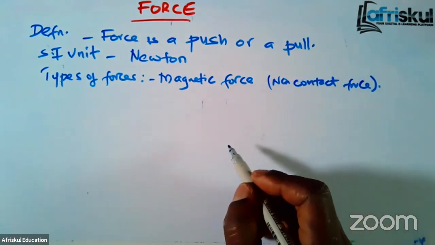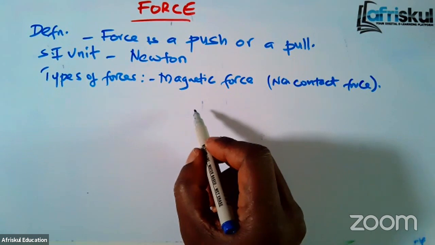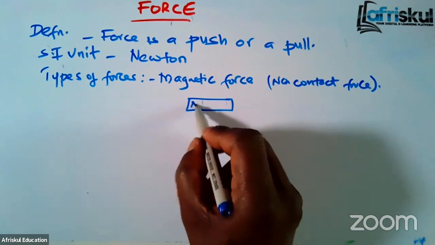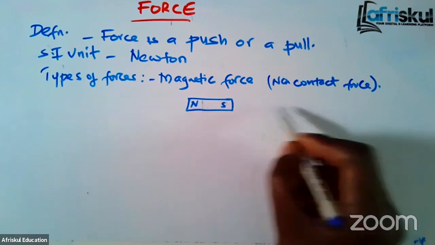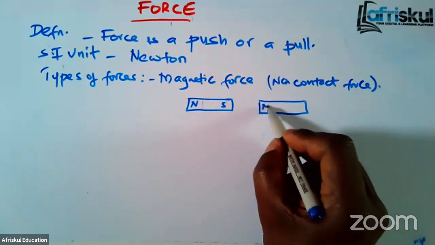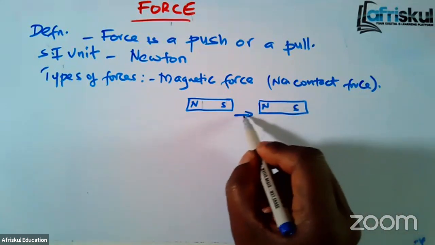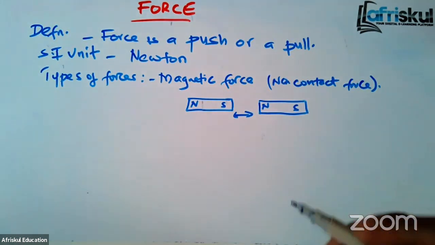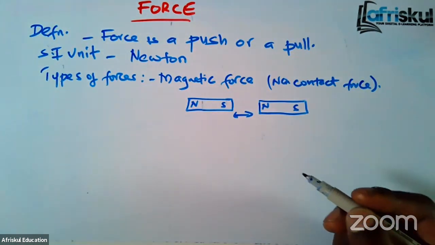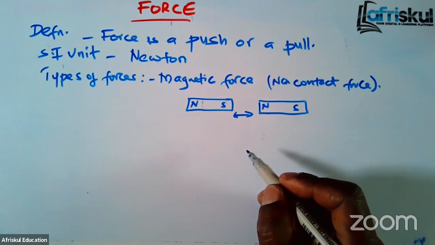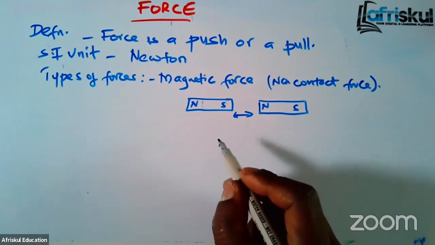For instance, if you have a magnet here, this is north and this is south, and then you bring another bar magnet, and this one is north, this is south. You will notice that there is an attraction between the two magnets, and you can actually physically feel that force.